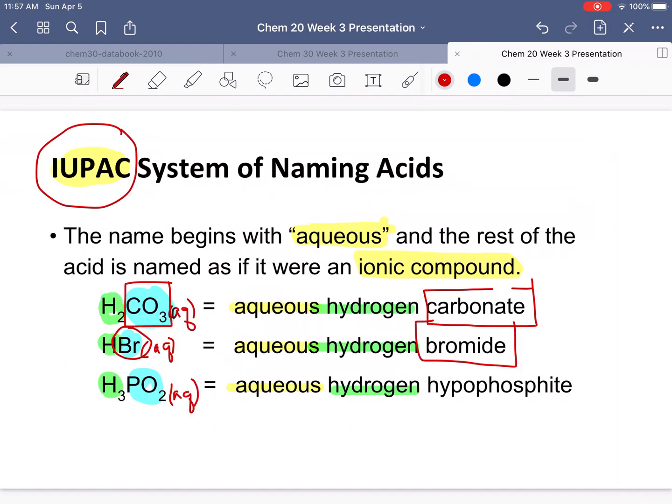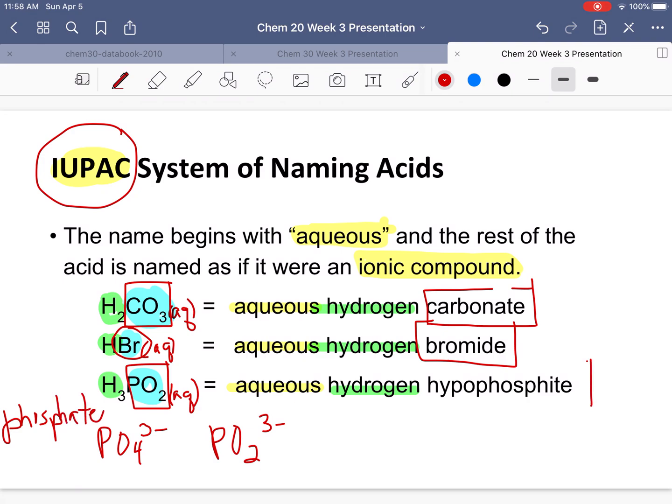Okay, well, what if I have a different situation like this one where it's not PO4 3 negative, but PO2 3 negative. That's quite a change. So see what the differences are in this. This is phosphate, PO4 3 negative, and phosphate is on your table of polyatomic ions, but this one, as shown here, is phosphite.